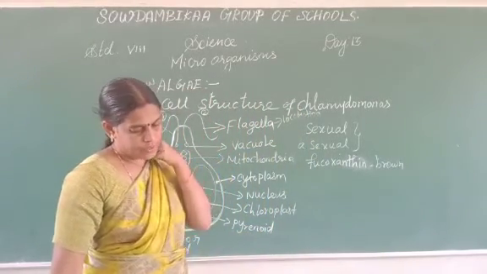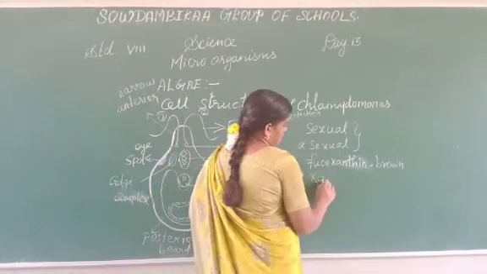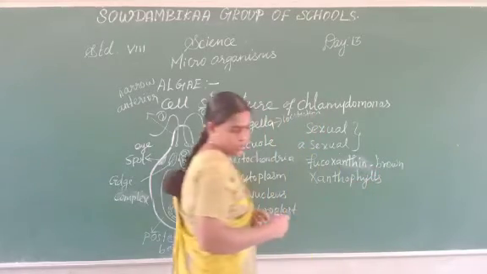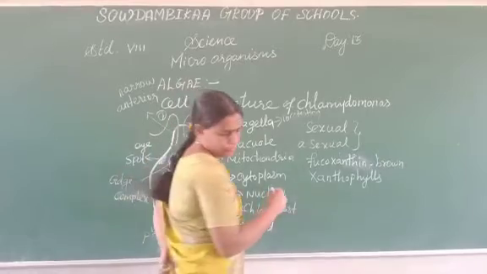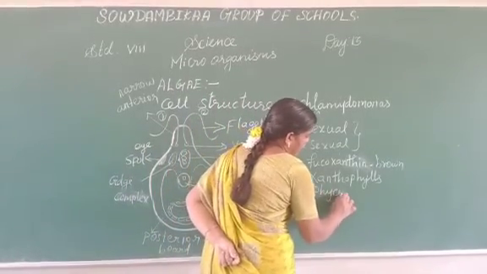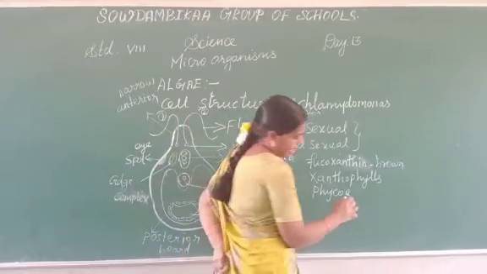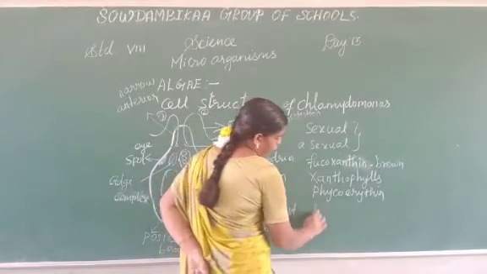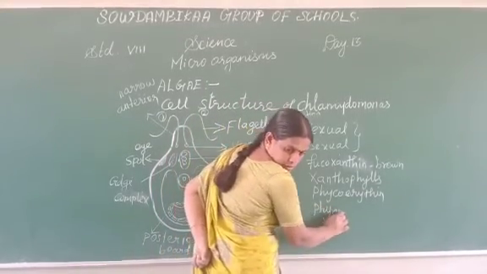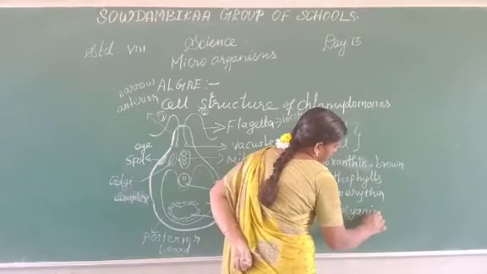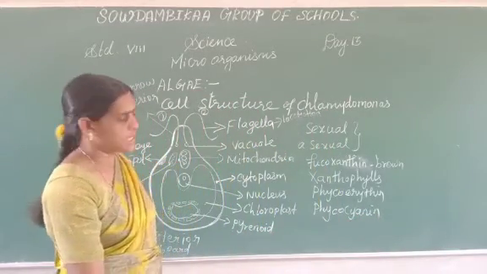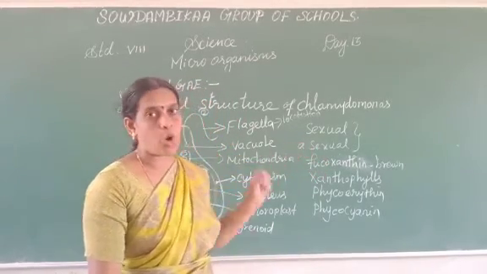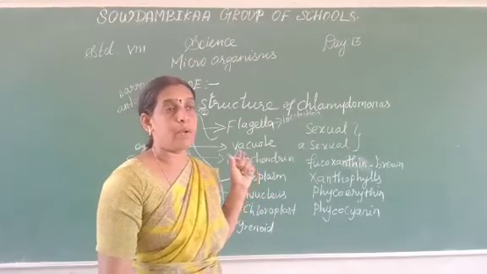Next one is xanthophylls, then phycoerythrin, then phycocyanin.